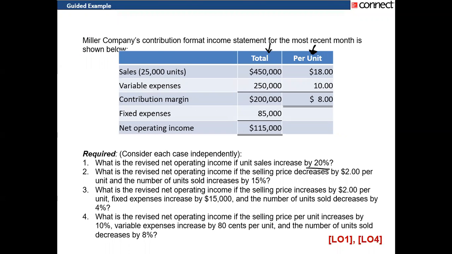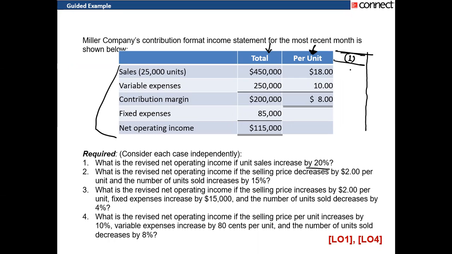You can prepare a separate contribution format income statement to understand what is happening. For the sake of time, I am creating a separate column here instead of a separate statement, because I will use the same information. So it is for the number 1 requirement.